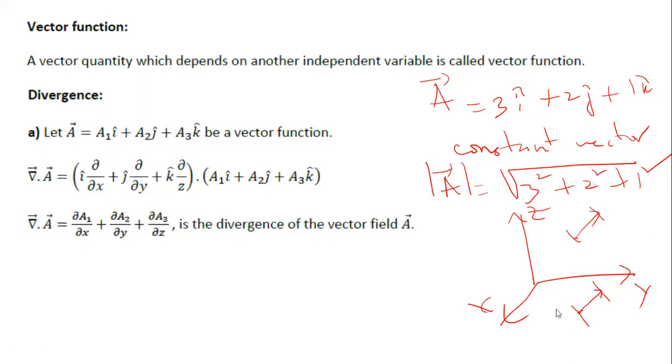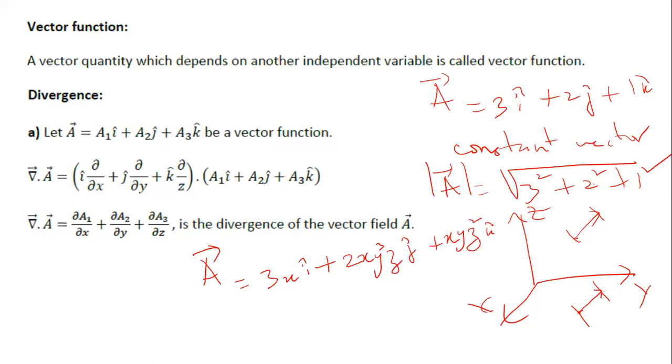But if you consider a vector quantity, for example, something like 3x i plus 2xy cube z j plus xyz square k cap.